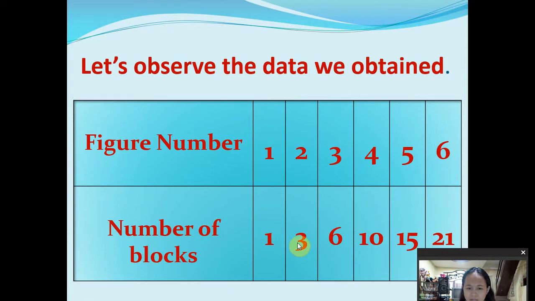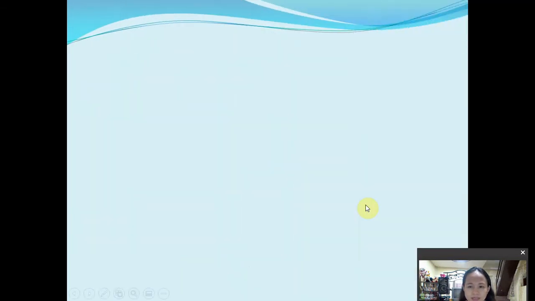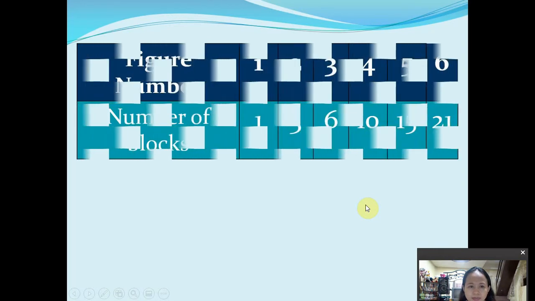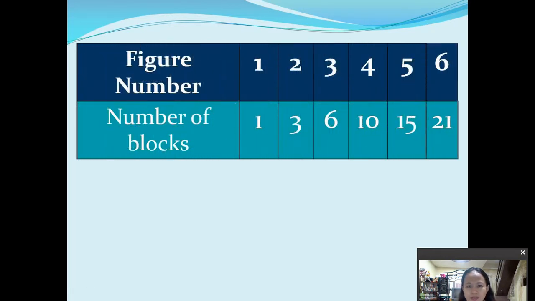So try to remember the number of blocks for each corresponding figure. So we have again 1, 3, 6, 10, 15, and 21. Okay, let's go over how we get this number of blocks for each figure again. So we have again the table with the figure number 1 up to 6 and the number of blocks from 1 up to 21.